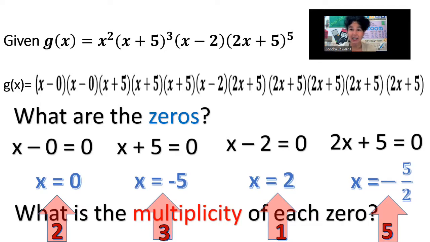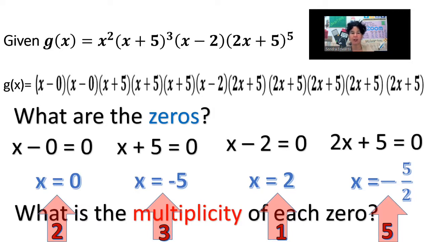The significance of the multiplicity is whether or not the function slices through the x-axis at these numbers, 0, negative 5, 2, and negative 5 halves, or does the function bounce off of the x-axis at those numbers.